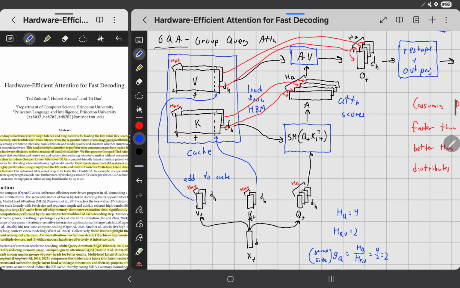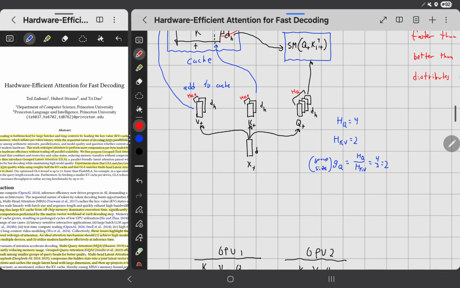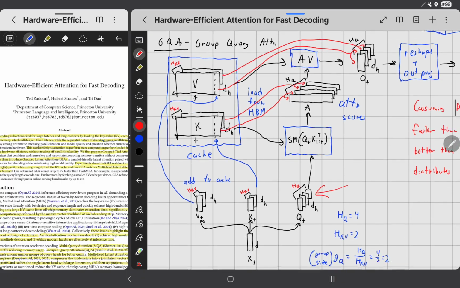So what does this look like? It looks like something in the middle. Like I explained above, you project your input to queries by the number of query heads you have, and to keys and values by the number of key and value heads you have.